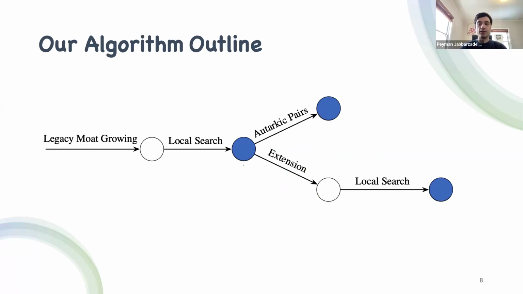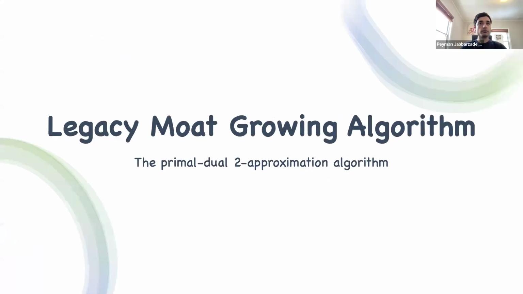But for Steiner forest, the local search is not enough, so we have two different passes to get two different new solutions. One of them uses augment pair, the other one is extension. I'm not going through the details of all of this. But at the end, we show that the best solution we get among all of these is a better than two approximate solution.